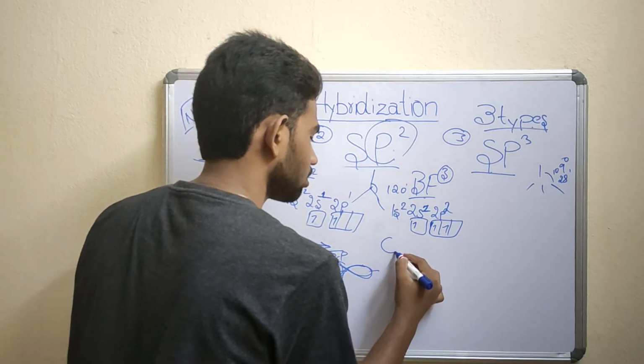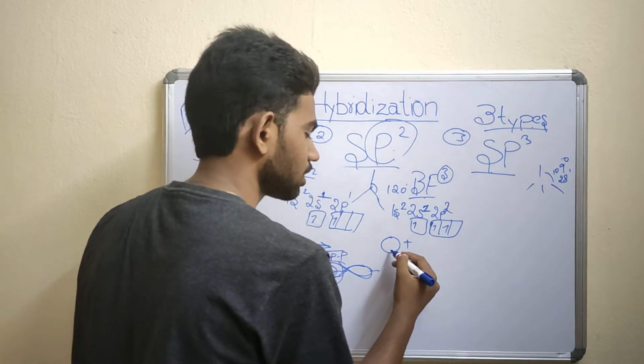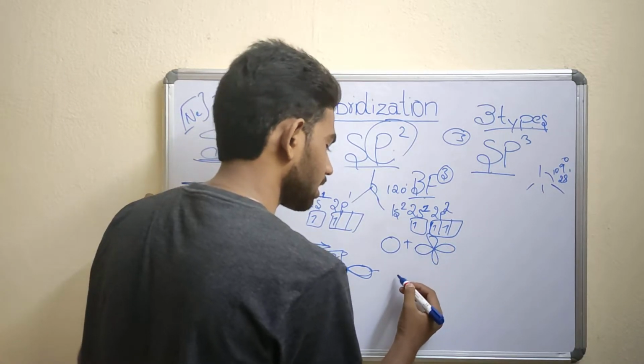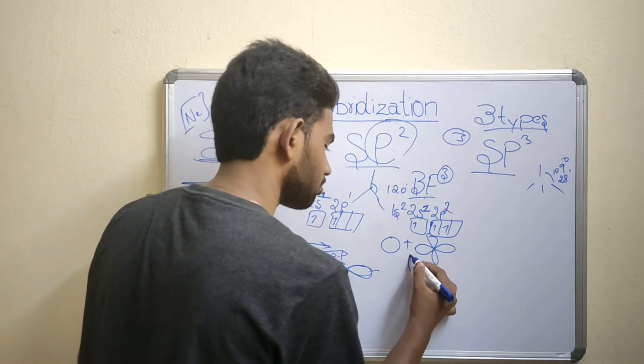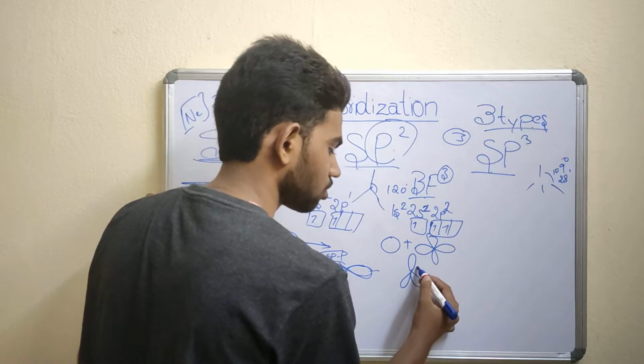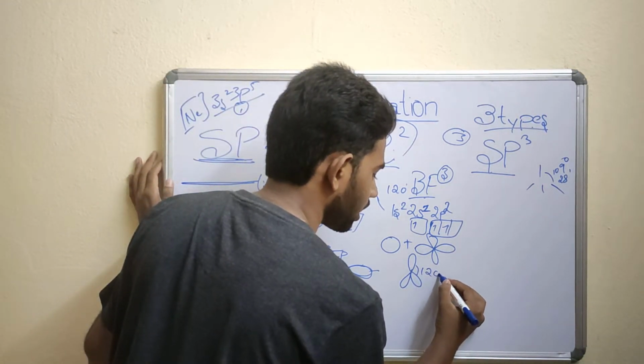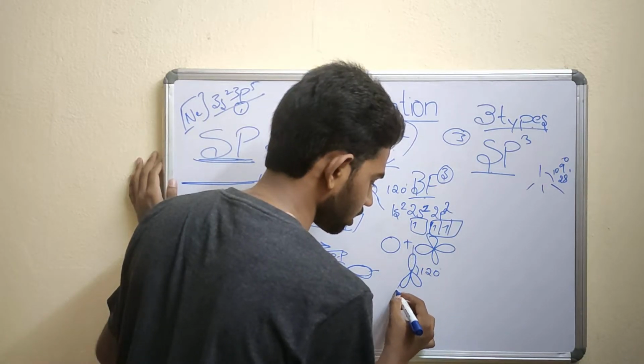Then the 2s and two 2p orbitals intermix and form three sp2 orbitals. I am drawing small diagrams here, with a trigonal planar shape.